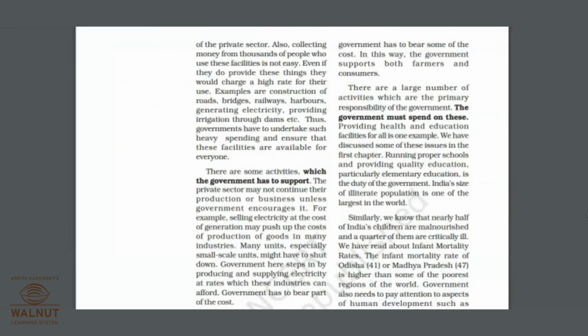Even if they provide these things, they would charge a higher rate for their use. Examples are construction of roads, bridges, railways, harbors, generating electricity, providing irrigation through dams, etc. Thus, governments have to undertake such heavy spending and ensure that these facilities are available for everyone.